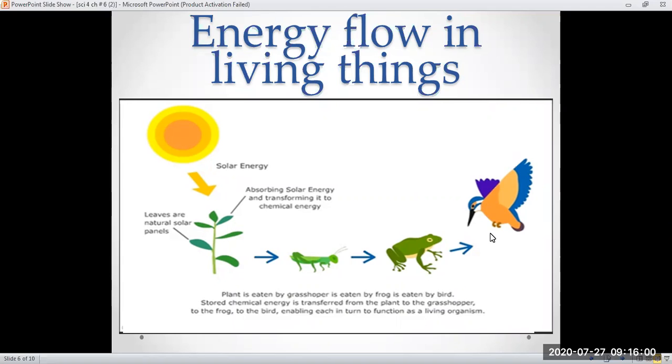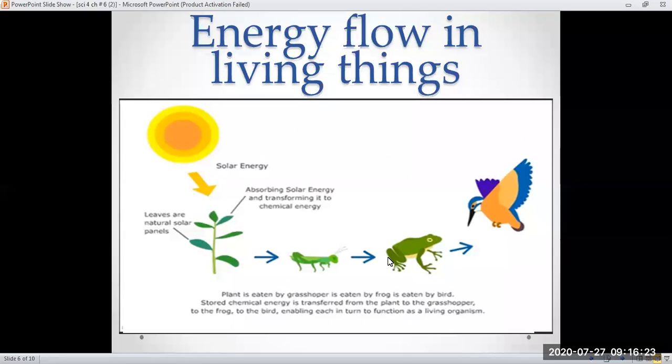And when this frog is eaten by a bird, this is how energy flows in living things, as nutrients are transferred from one to another. So we can say that directly or indirectly the major source of energy for living things is sunlight.